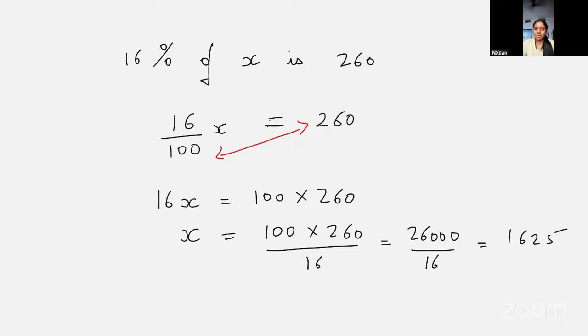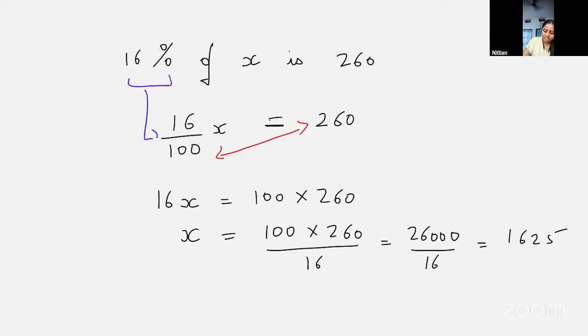Abijah, Johanna, Zoe, are you all able to understand now how it happened? Yes, ma'am. Is it clear? Okay, simple. 16% means 16 upon 100.